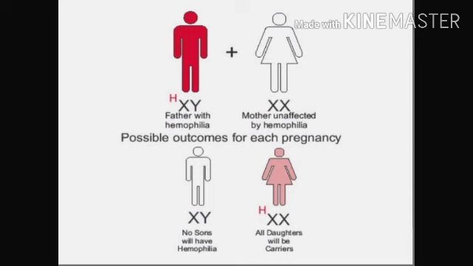The possible outcome for each pregnancy is that no son will have hemophilia, because a son gets one chromosome from the unaffected mother and one from the father, and the disease is X-linked. But all the daughters will be carriers, because a daughter gets one X from the father and one from the mother, and the father's X chromosome is affected.